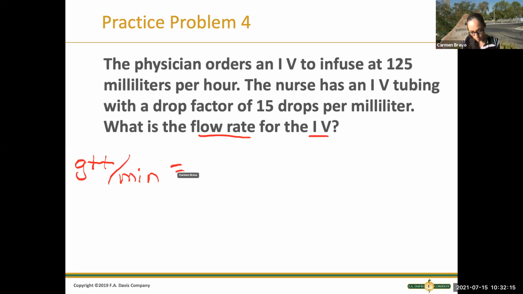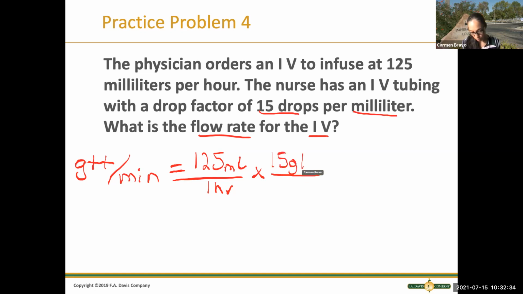So, I don't know if you guys are working it out already, but the drop factor says 15 per mL. So you put the 15 on the top, mL goes in the bottom, and then it needs to be per minute.